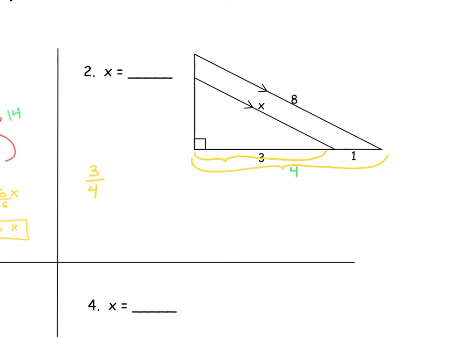Now this is a side of the small triangle over the corresponding side from the big triangle, so x over 8. So again, you cross multiply. 4x is equal to 24 and x is equal to 6.